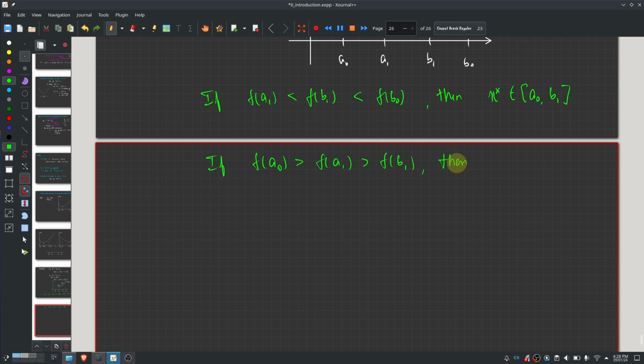It will lie somewhere between, in which region? A1 to B0. Okay, so this much is clear. Now I can do this iteratively. Instead of looking at the interval a0 to b0, I can look at the interval from a0 to b1 or a1 to b0, and I can keep proceeding this way.